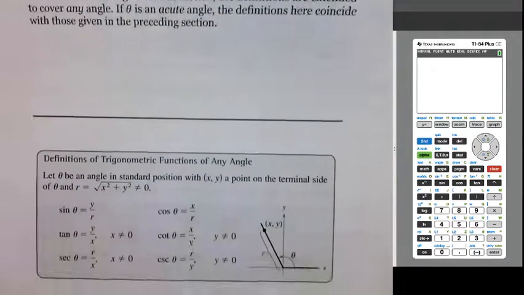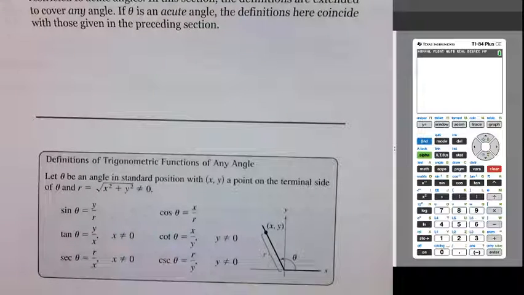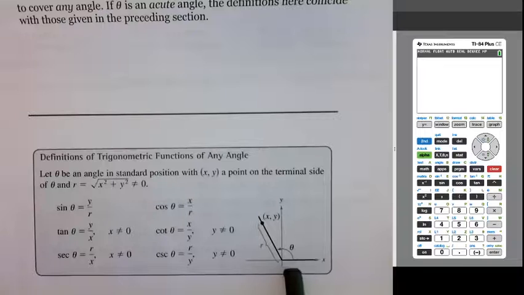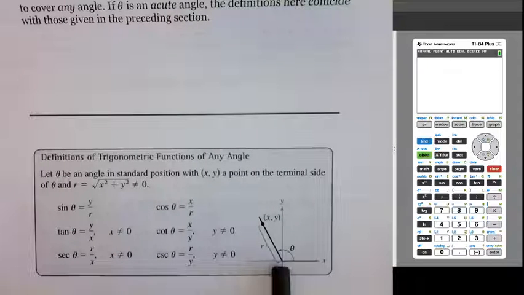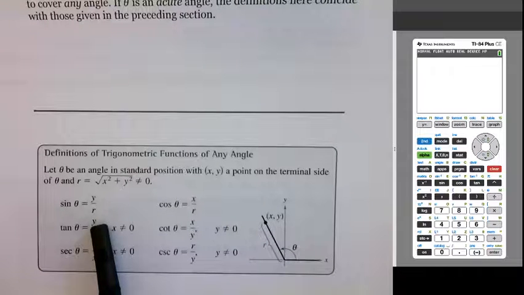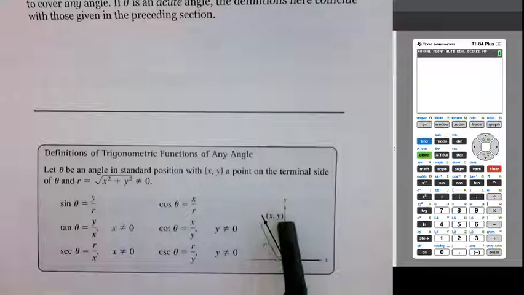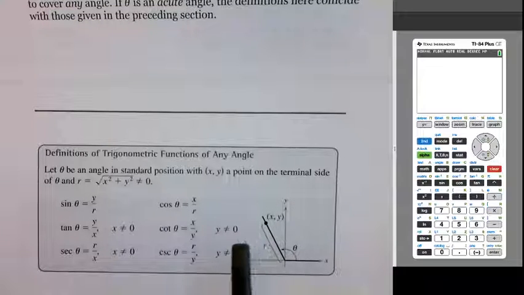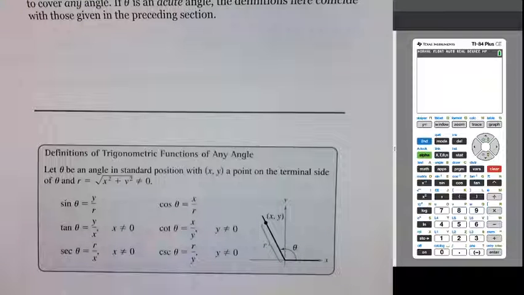For angles that are in standard position, we're going to follow these definitions. This is an angle in standard position, right? We have the initial side on the positive x-axis and the terminal side somewhere else. Sine is defined to be the y-coordinate divided by r, and r is the distance from the origin to the point that we care about.